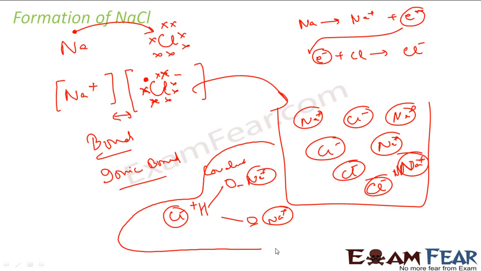We'll explain more when we learn the covalent bond and the structure of water specifically. But just for knowledge, I told you why ionic bonds break when you put them in water: because water has this different structure where hydrogen is slightly positive and oxygen is slightly negative, and that's why they break.